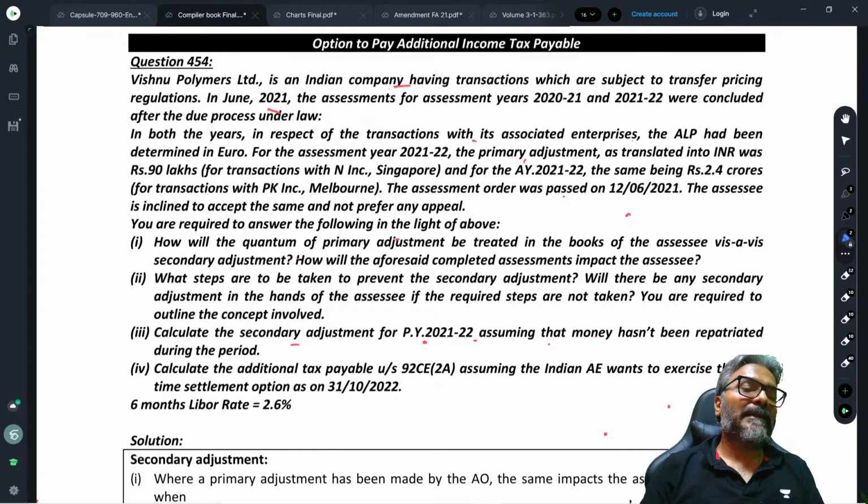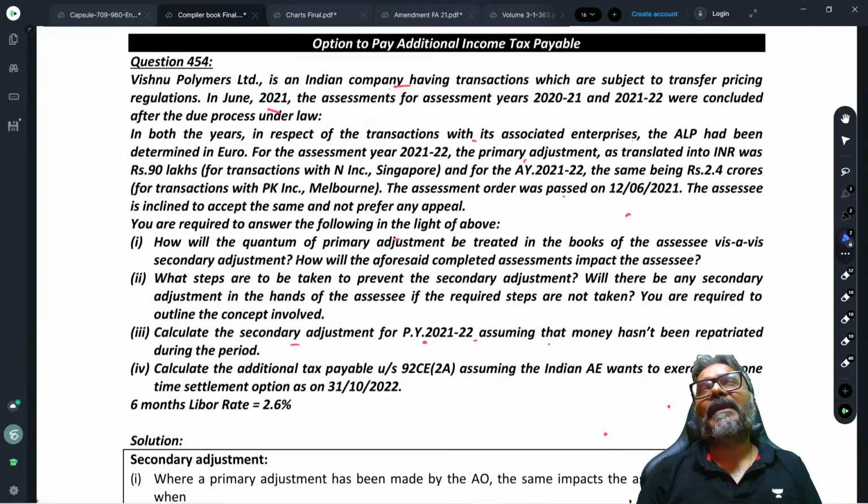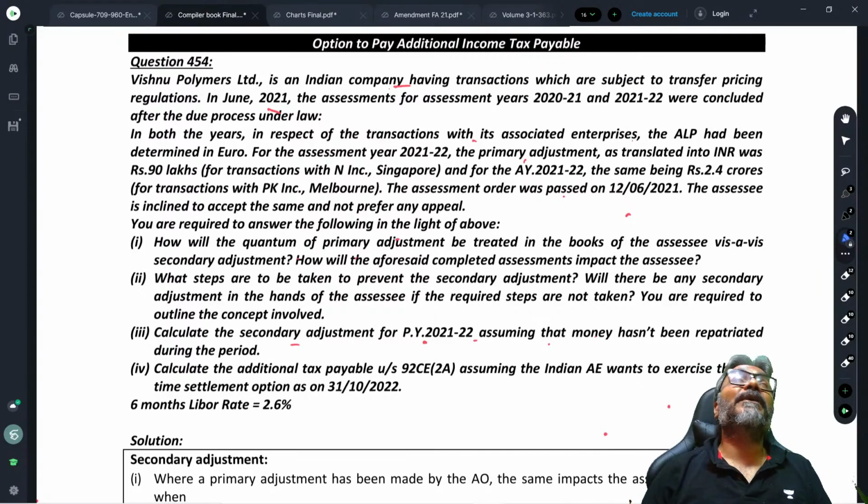If you are clear, then this leads us to the last concept of secondary adjustment. And friends, what is the last concept? The last concept of the secondary adjustment is the concept of relevant date. I told you that you have to remember the 3 relevant dates at least.